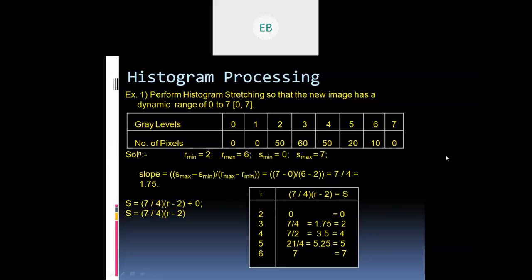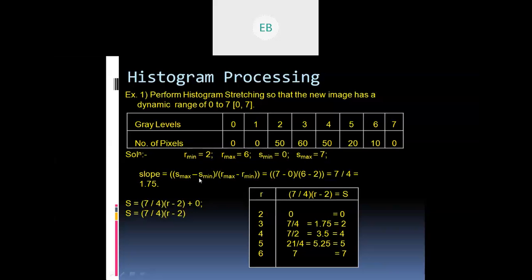Actually we need a board and a marker to explain all this, but just bear with me and try to understand this. These values are already given, so put these values in the slope equation.